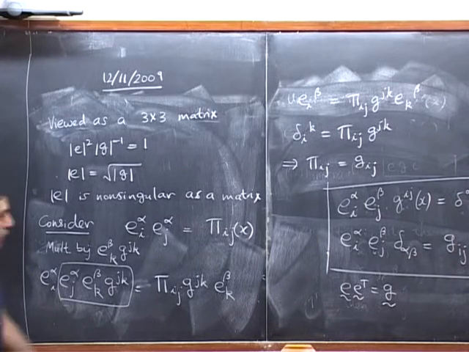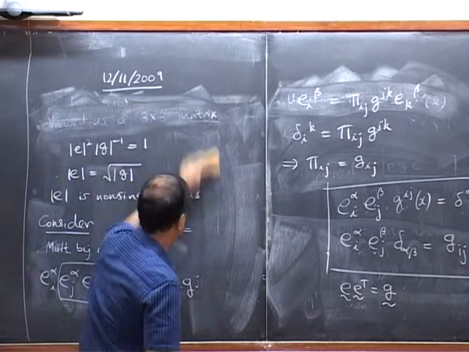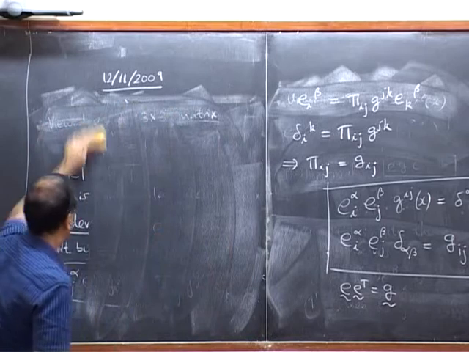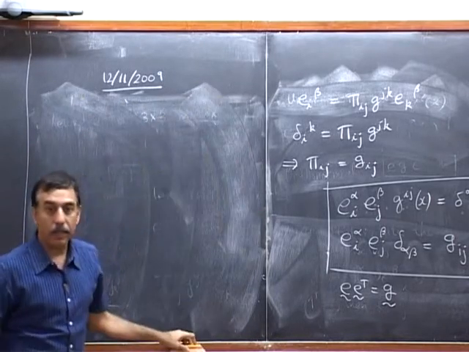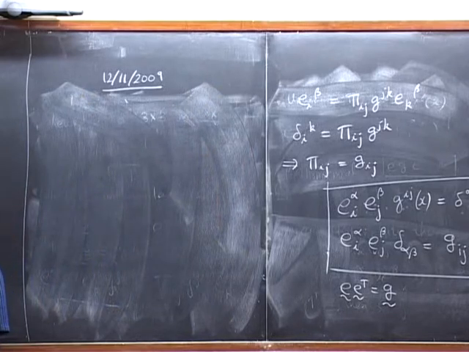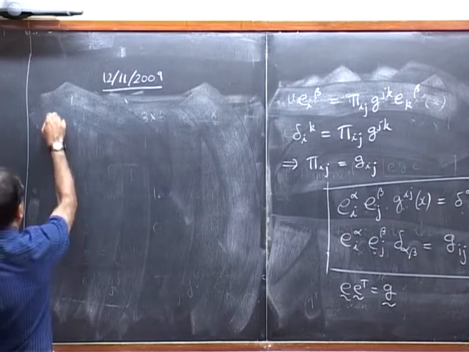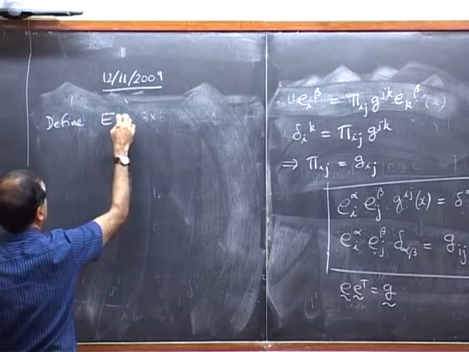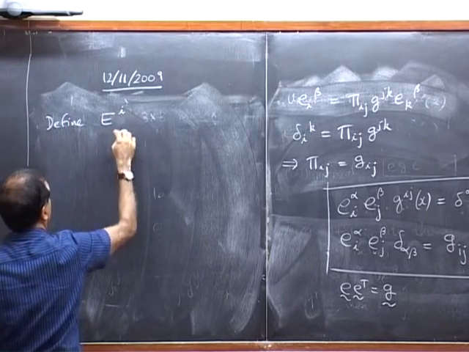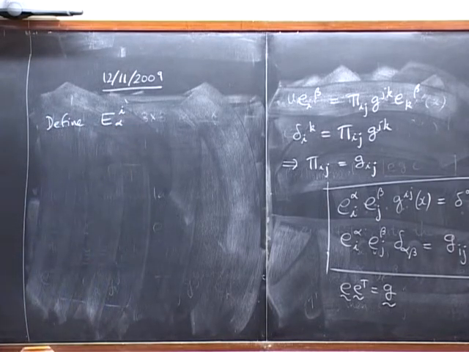Now I said that E is invertible, so it must have an inverse, which I've never written down. So now let's define the inverse. Define E capital, where its index i should be up, and for convenience I'll keep the index alpha down.